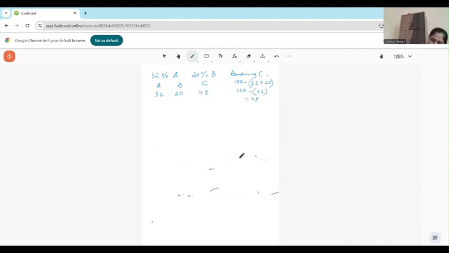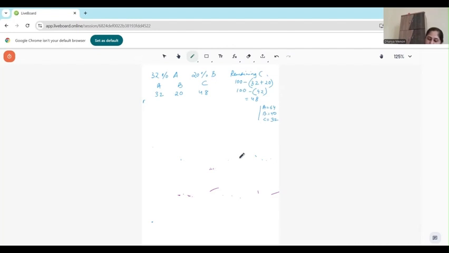Find out the number of moles, and in the question they have mentioned A, the mass is 64, B is 40, C is 32. This is one of the past papers, and because they have not given you the symbols, they have mentioned A is 64, B is 40, and C is 32.